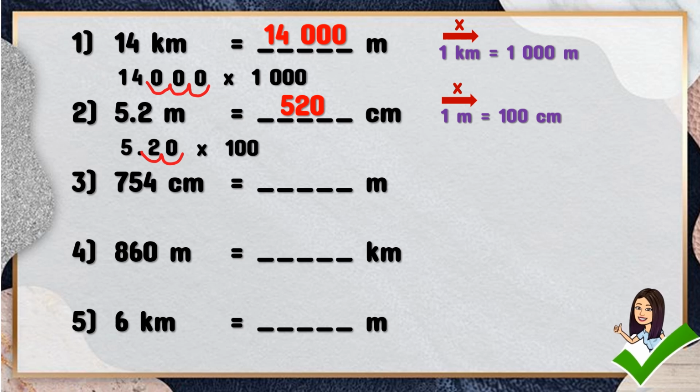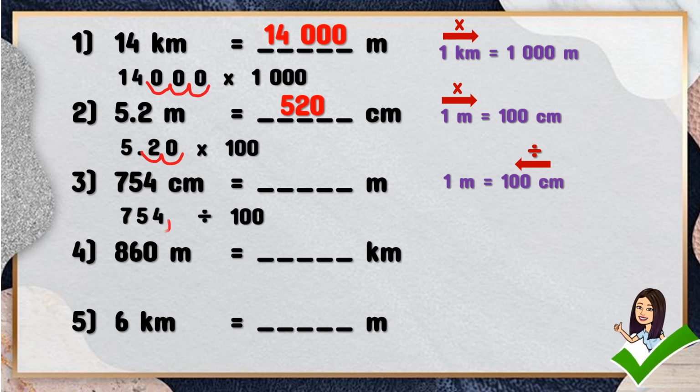Let's have number 3, 754 centimeters to meters. So 1 meter is equal to 100 centimeters. Since this is a conversion from small to large unit, we use division. 754 divided by 100. So we're going to move the decimal to the left 2 times since there are two zeros in 100.